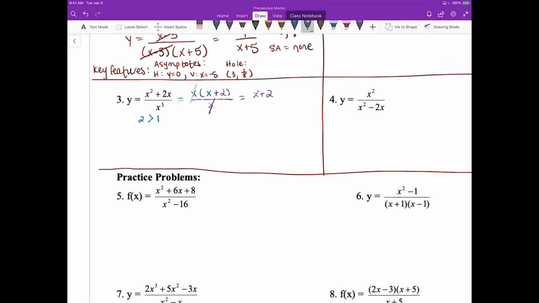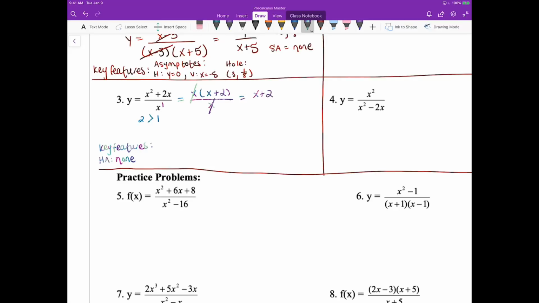So let's just write that down here. Key features. And we've got no horizontal asymptote, none. So then let's look at the vertical asymptote, because that would be the one that would cross out. No, that doesn't cross out.